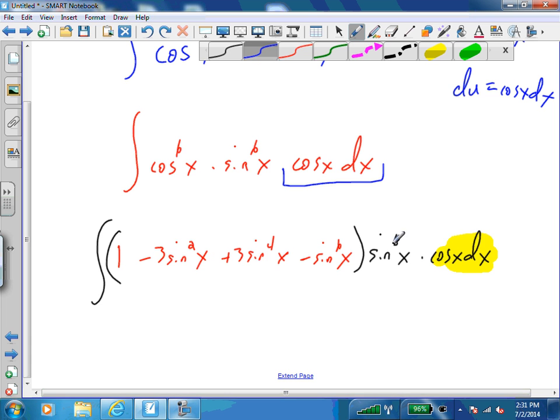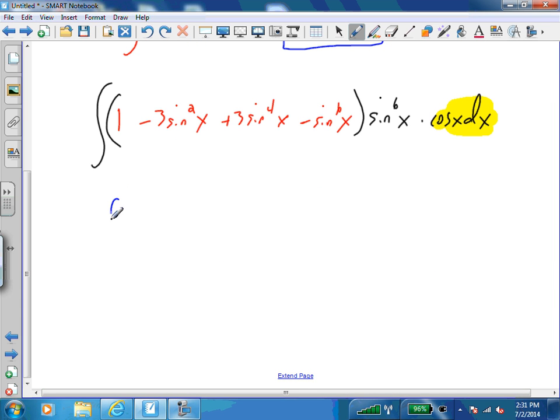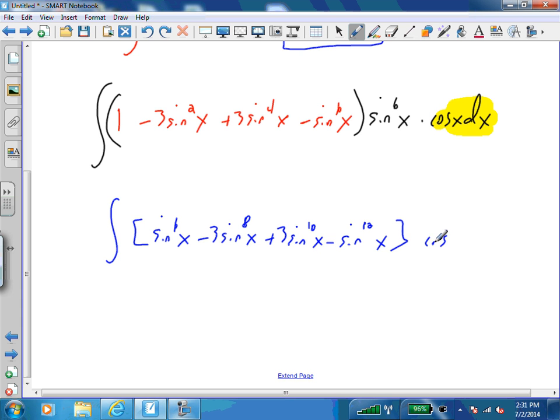So if we distribute our sine to the 6th, we're going to get the integral of sine to the 6th x minus 3 sine to the 8th x plus 3 sine to the 10th x minus sine to the 12th x times cosine x dx.